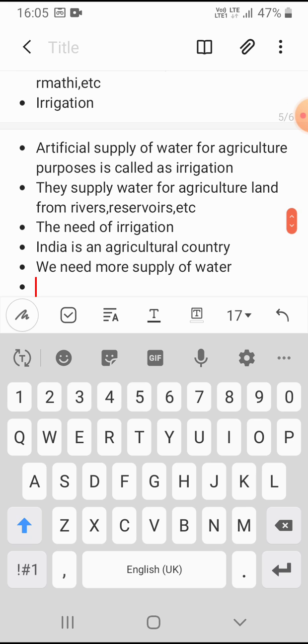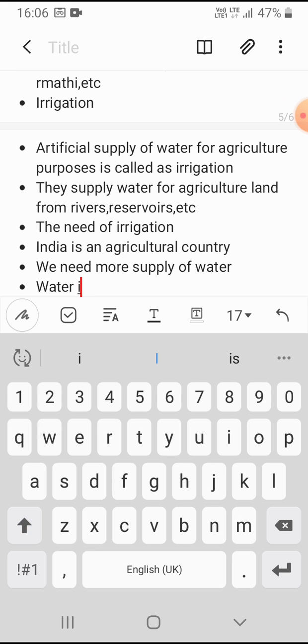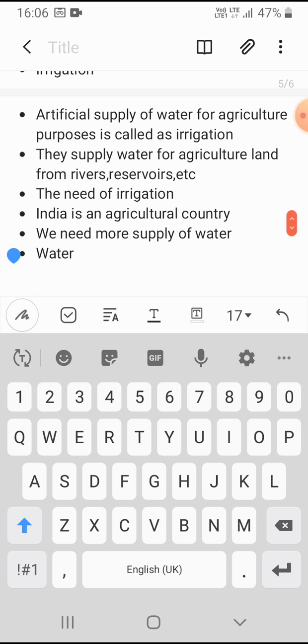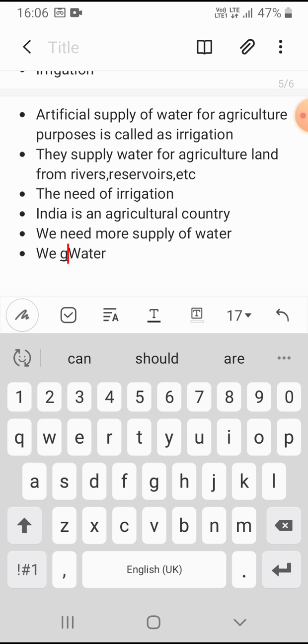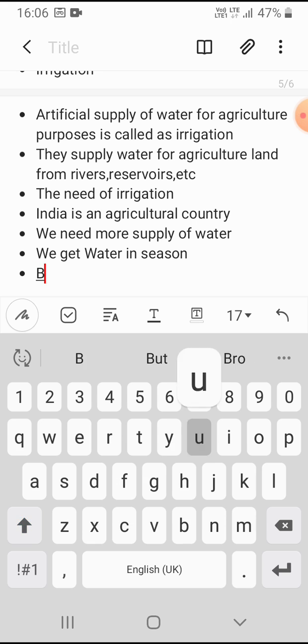We get rain water in seasons, but we get less water.